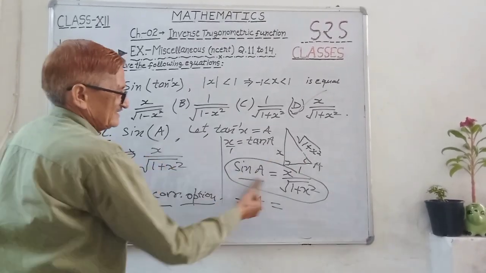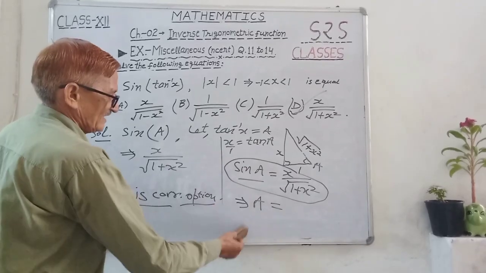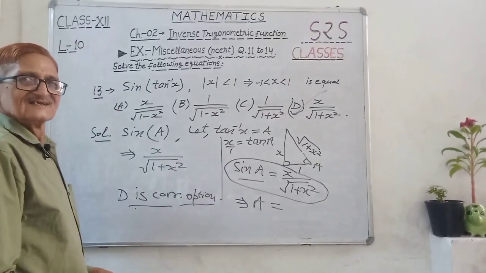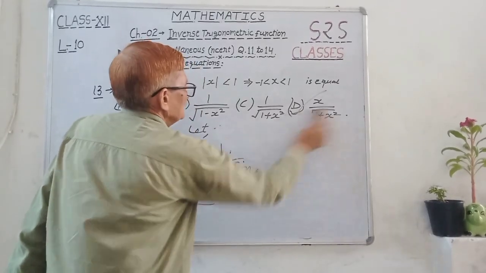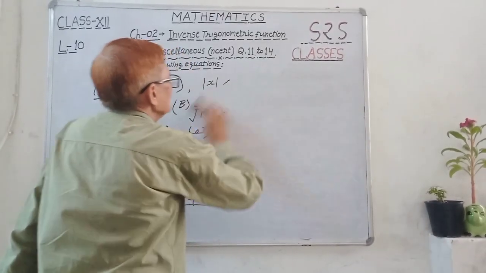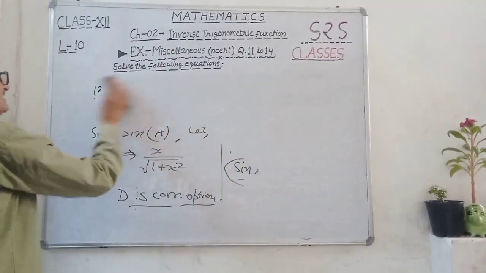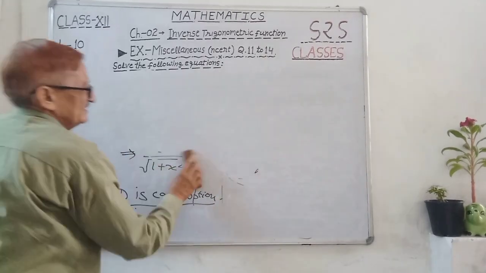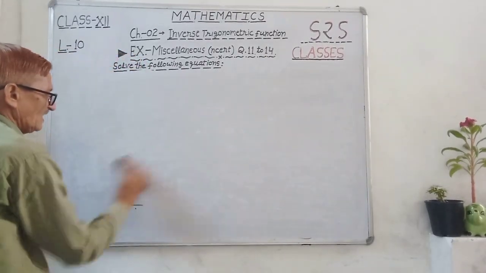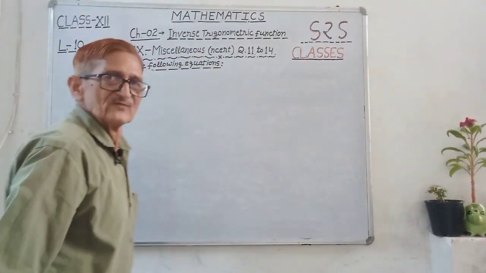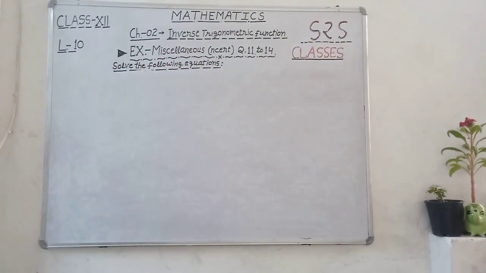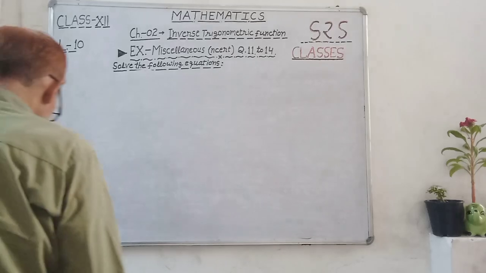Then with all three sides you can write any other trigonometric ratio, and write A in inverse form. So be careful, this is a very simple, easy method to convert every inverse into each of the other inverses. Now you can do whichever is required.